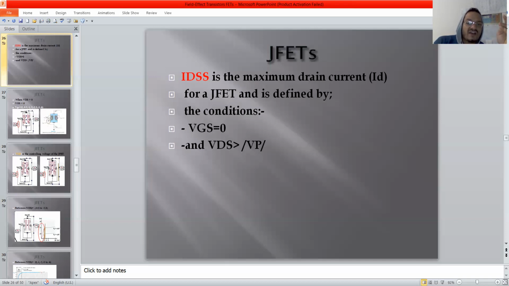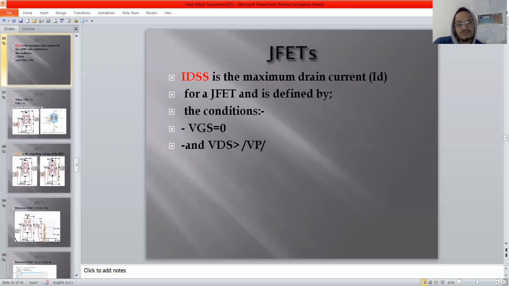MOSFET devices are more useful in electrometer applications. MOSFET can handle more power compared with the bipolar junction transistor.